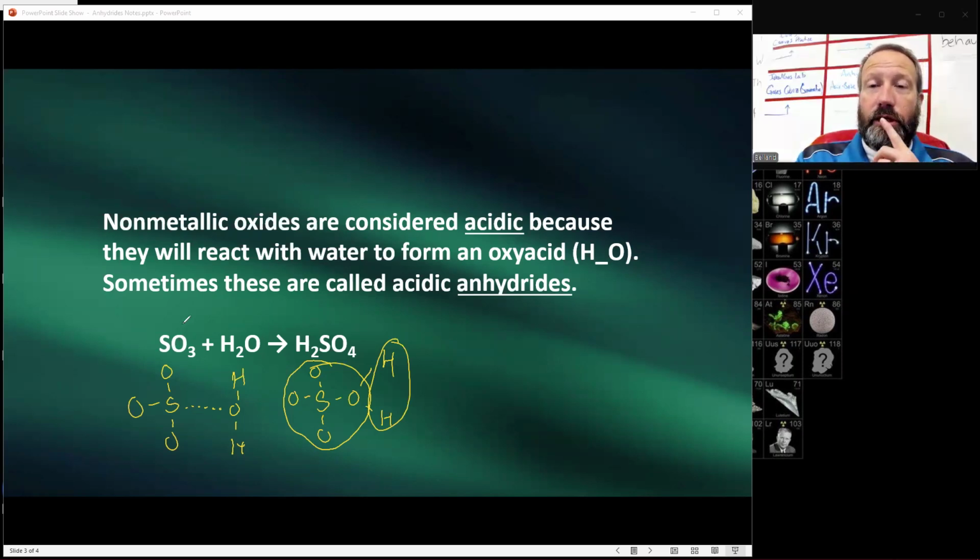I will tell you this, the oxidation number of the sulfur is going to stay the same. So if oxygen's a -2 and I've got three of them, sulfur's a +6. So sulfur still has to be a +6 here. Oxygen is still a -2, and that gives us -8. And that's why we have two individual hydrogens.